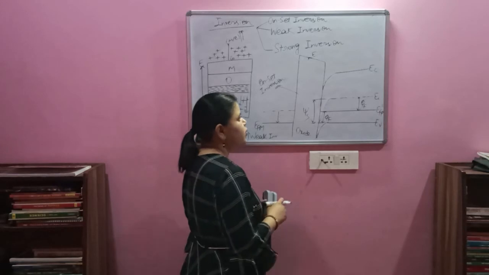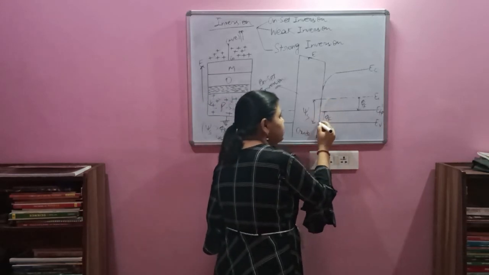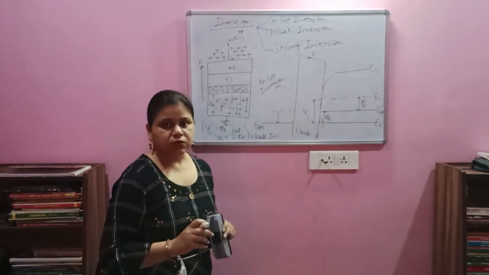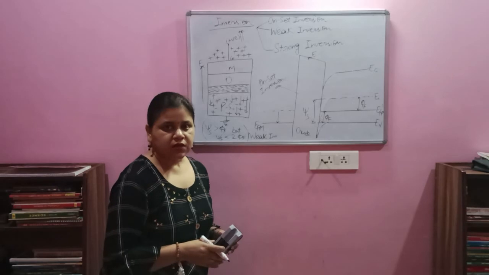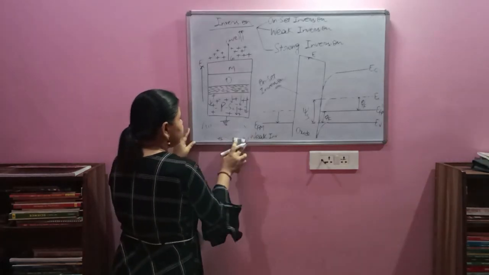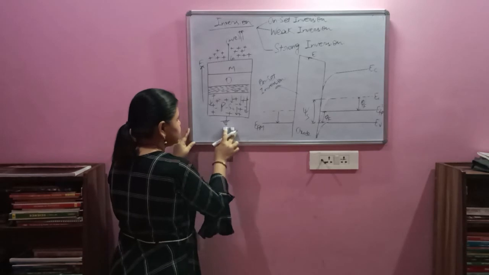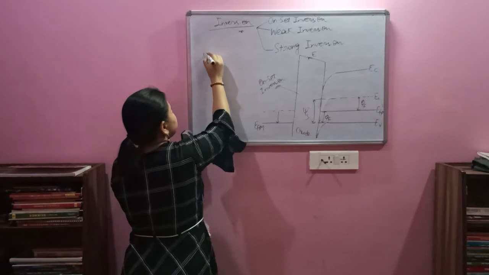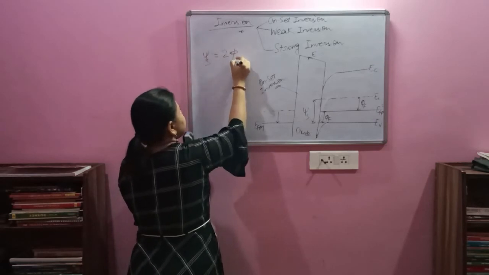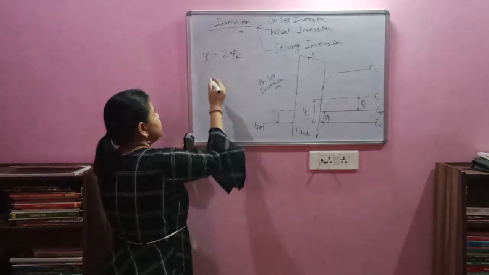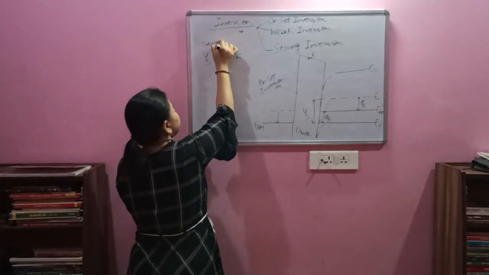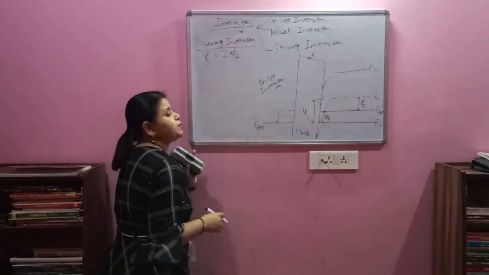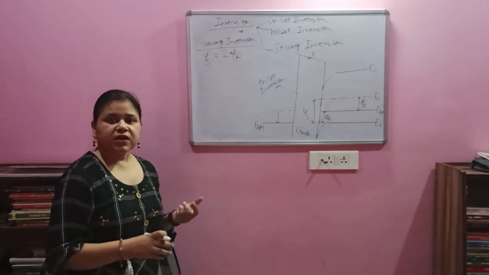When your intrinsic band moves down from the Fermi level by phi f amount, that is a strong inversion process, where we say that psi s, the surface potential, becomes equal to 2 phi f. This is known as a strong inversion process, and this is the point where the conduction takes place.